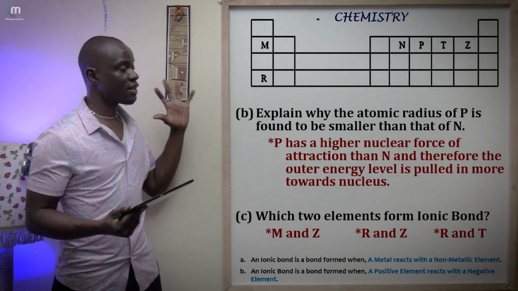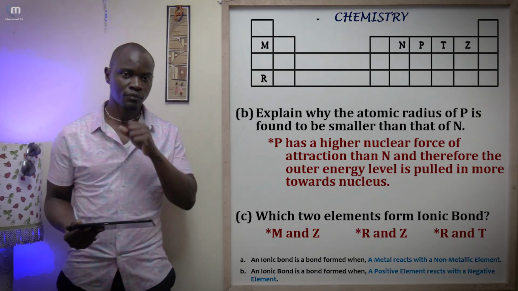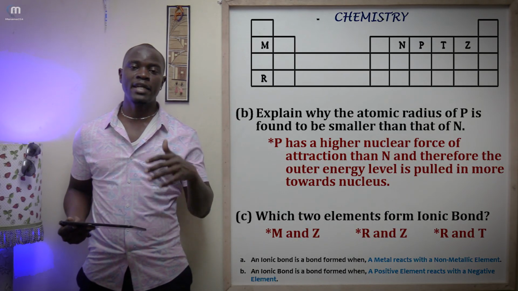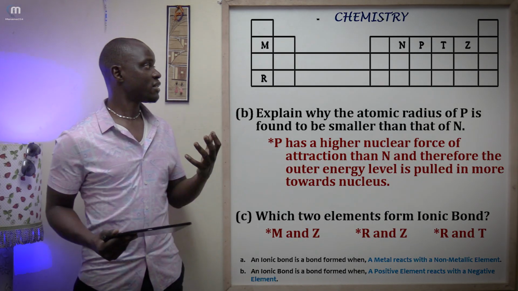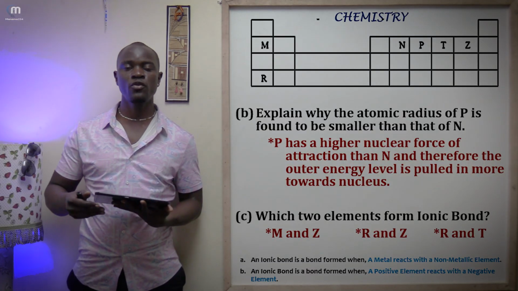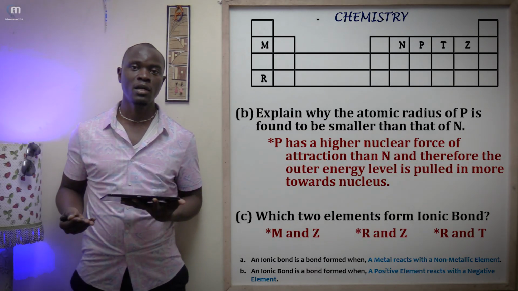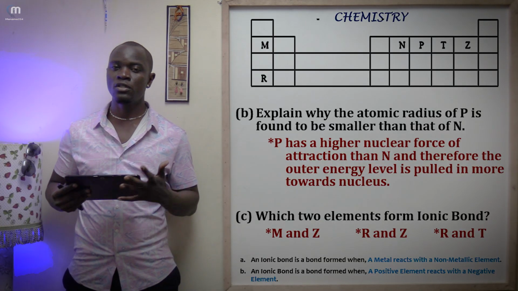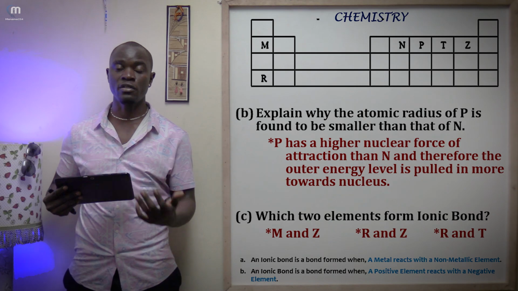So as you can see, these are the elements that we have been given. But again, remember what we said. Even if you know that letter M is lithium, even if you know letter R is potassium, even if you know letter Z is fluorine, don't substitute these letters with the actual symbol.